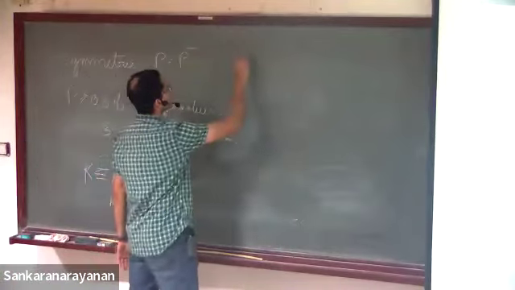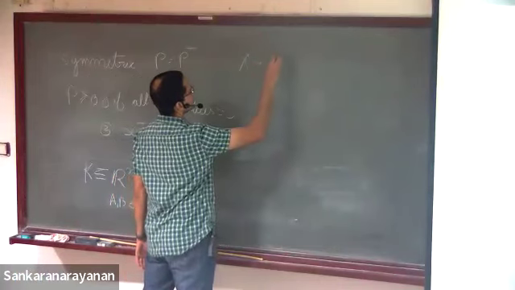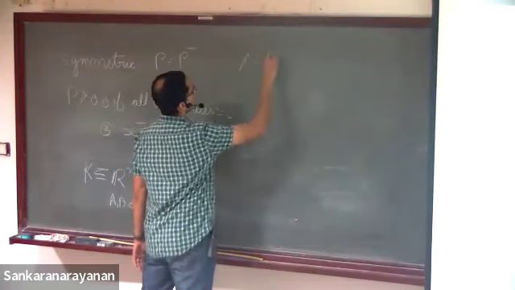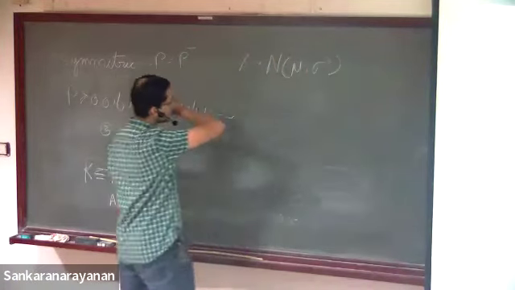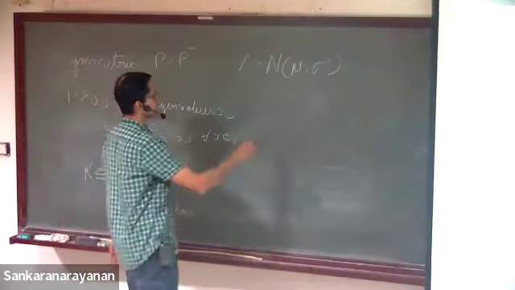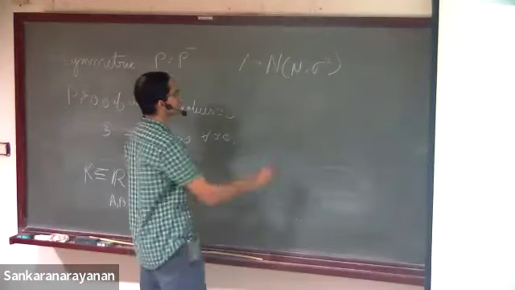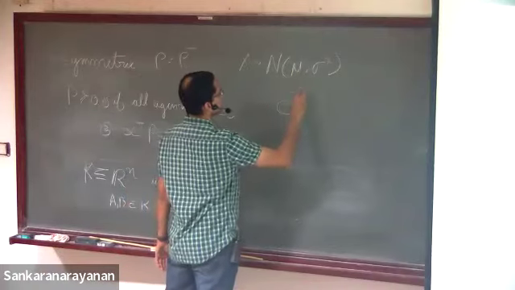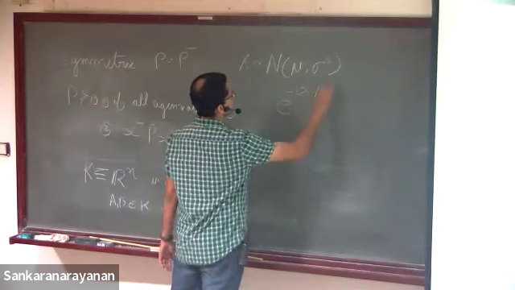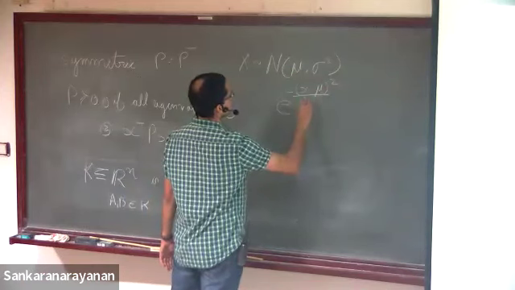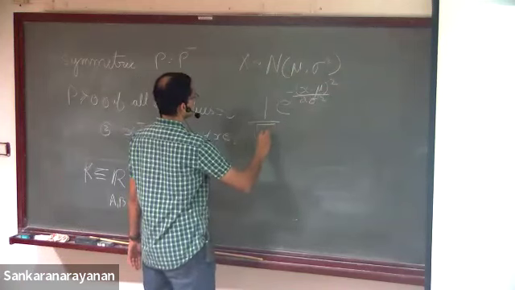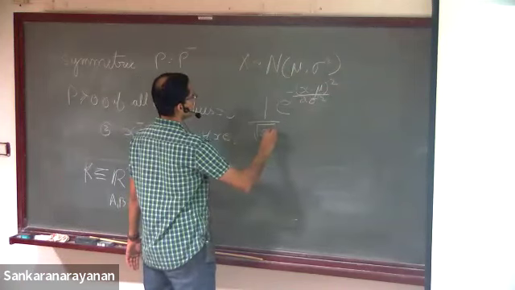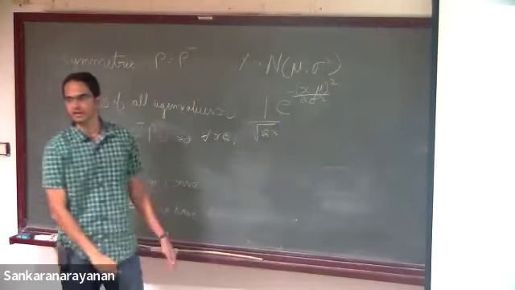We say that X is a normal random variable, with mean mu and variance sigma squared, if its PDF, the probability density function, is proportional to e to the minus (x minus mu) squared divided by 2 sigma squared.